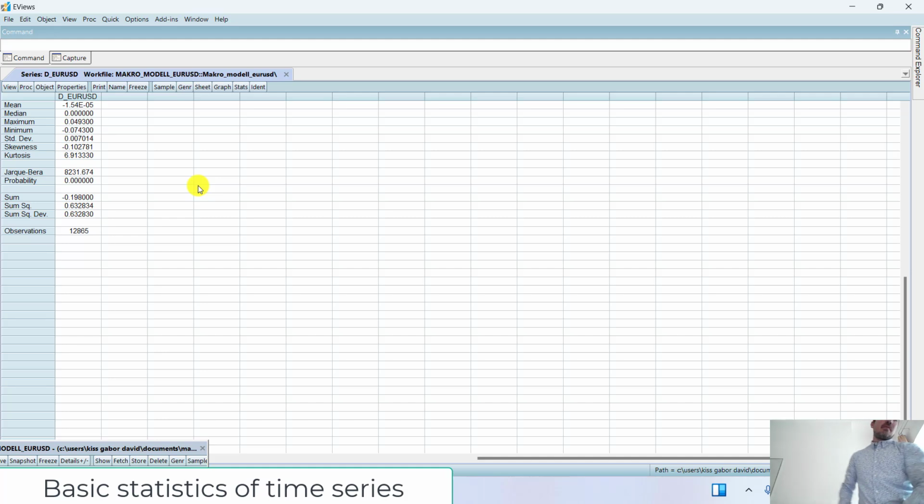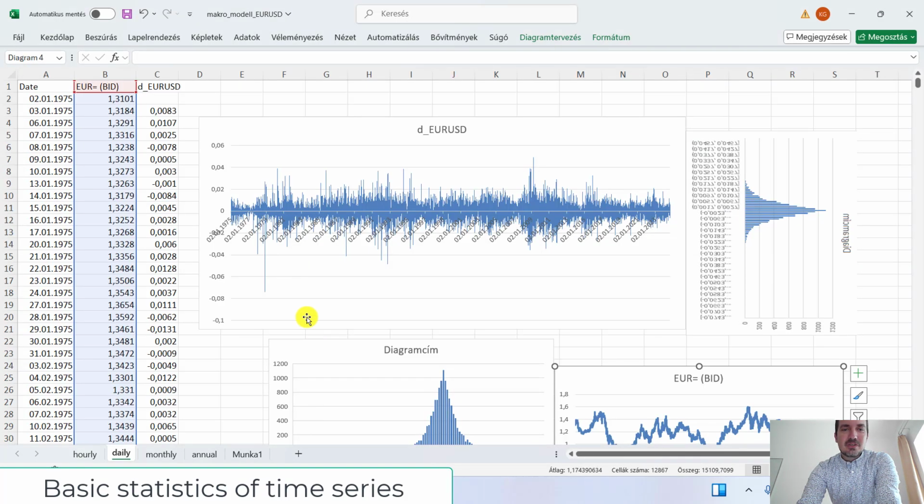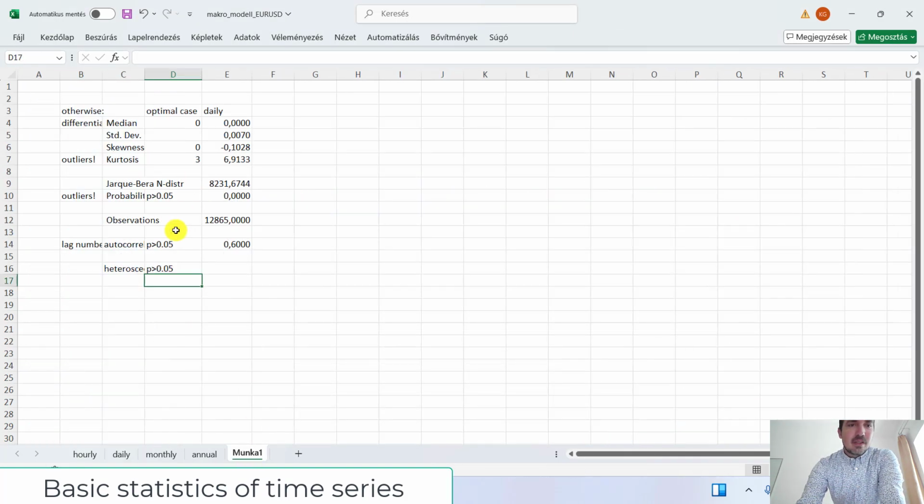Okay, that's strange, but anyway, they are not including it, but the ARCH LM test should be somewhere in the software.